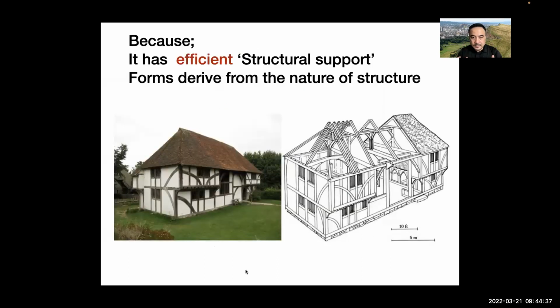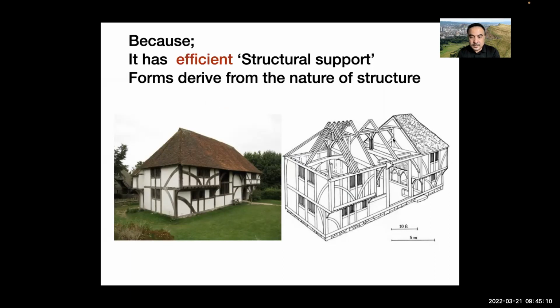The building can stand up if it has efficient structural support, right? The form of the building, the curve form, rectangular form, square, circle, irregular, it comes from the nature of its structure. Okay. If the nature of the form and structure were coherent, were in harmony, the building stays strong, right?